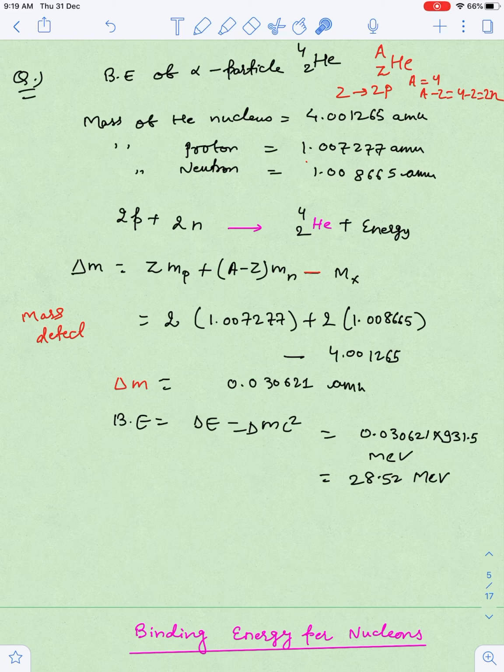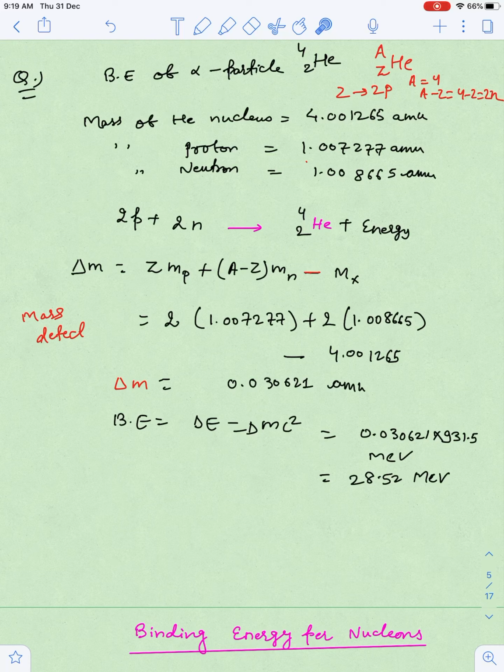How will we calculate mass defect? I have already discussed that if you collectively add the masses of these nucleons, it is more than the actual mass of the nucleus. So what value do you get?